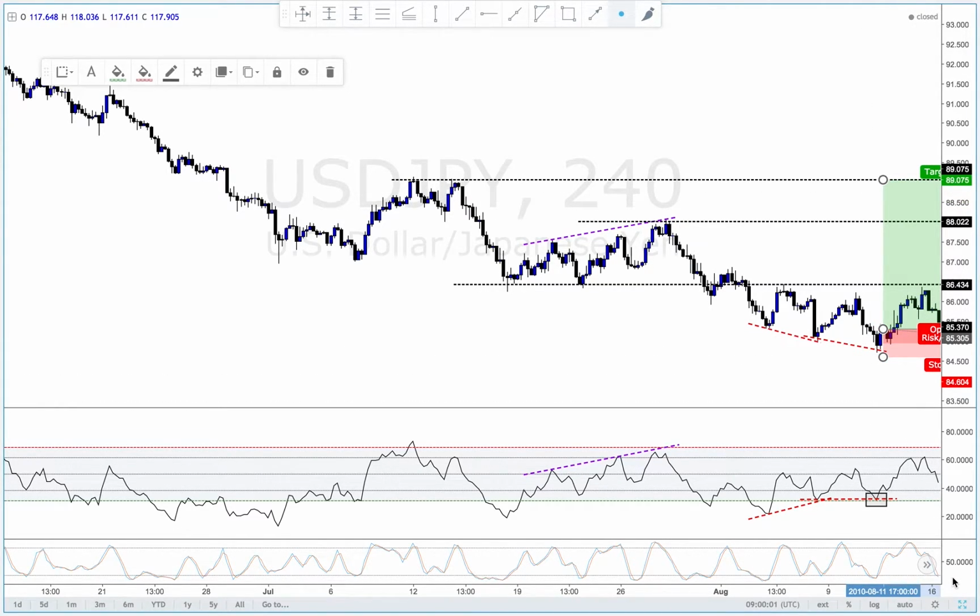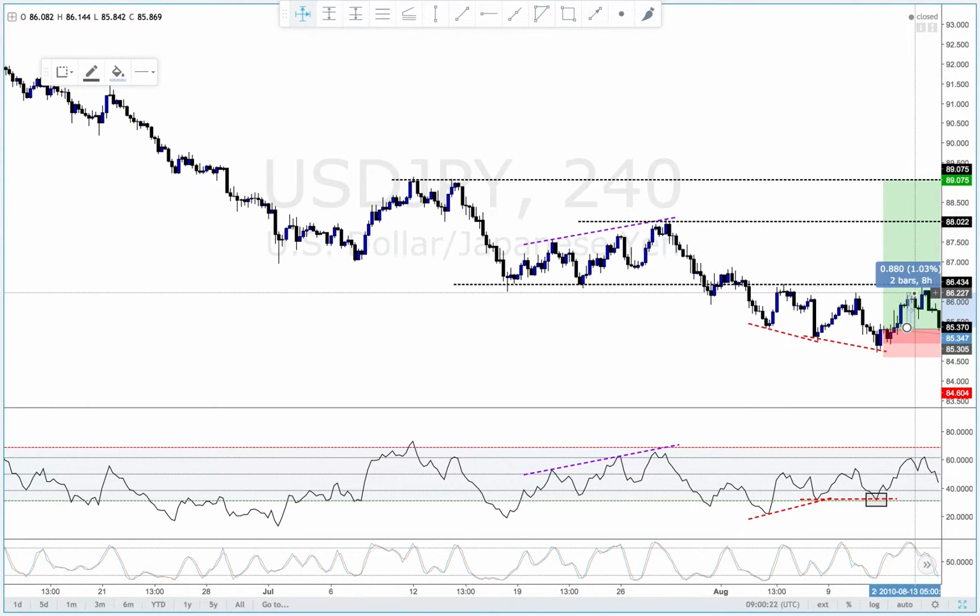All right, let's move the chart forward so we can see. Off the bat, we went in the drawdown off the bat, but it ticked back up and went for 80 pips, 93 pips. At that point, you could be at break even already.